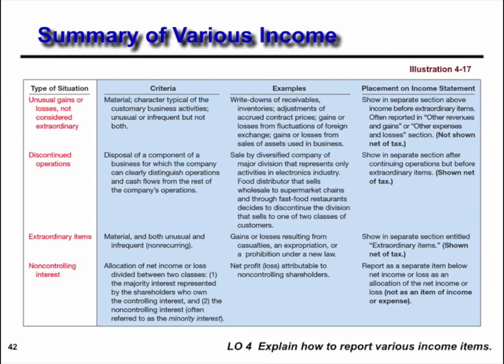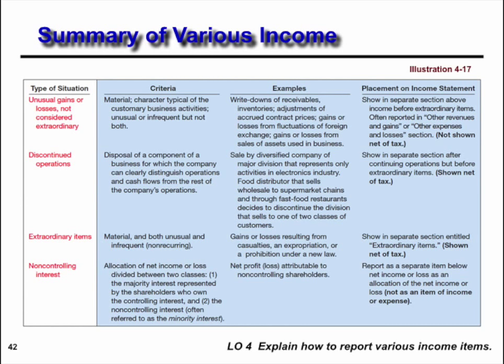Now let's spend a few minutes on this slide. This is a summary of the various incomes that we have discussed previously, and we'll go over it one more time. So the first type of situation is unusual gains and losses, not considered extraordinary.